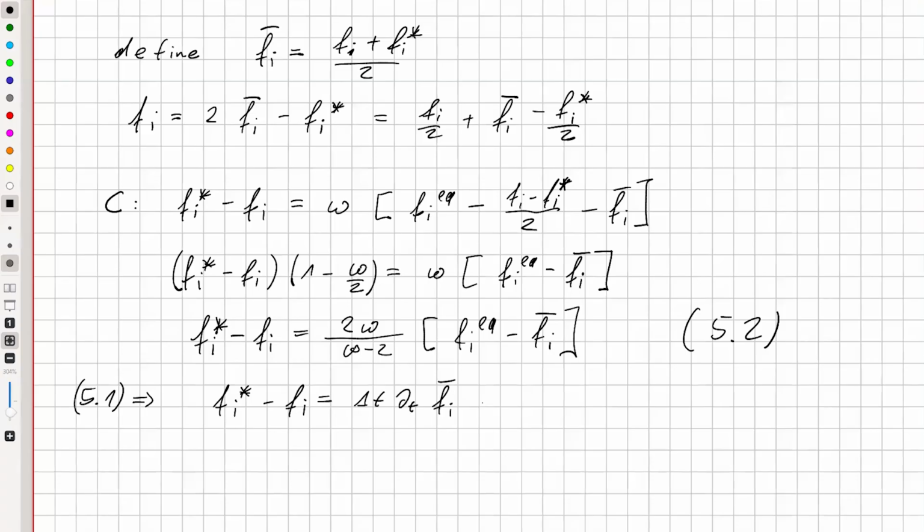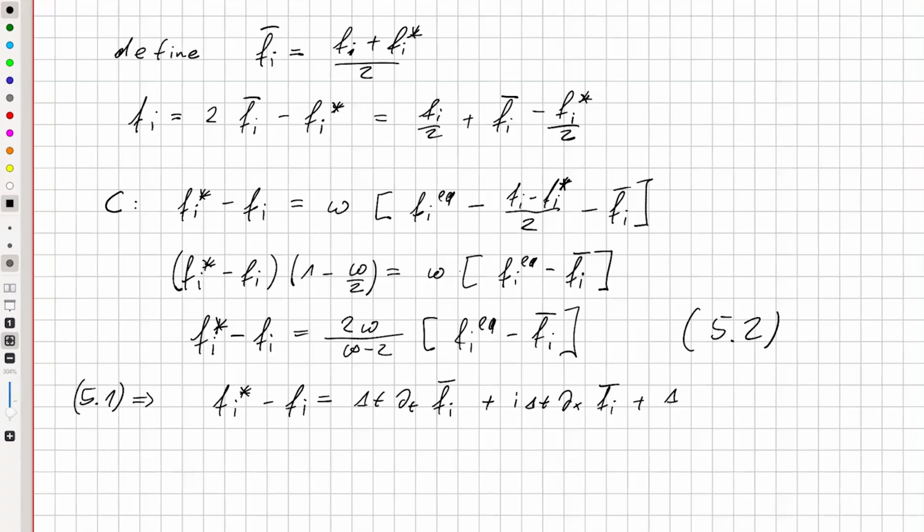Now you observe that here we had fi plus fi star, and in front we had this 1/2, and fi plus fi star over 2 is this f over bar. We can directly write f over bar. The same thing for i delta t dx fi, also f over bar.